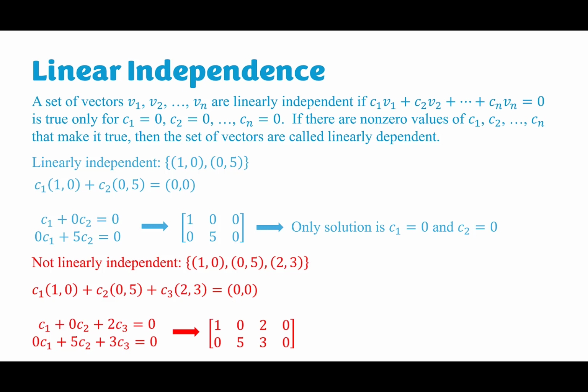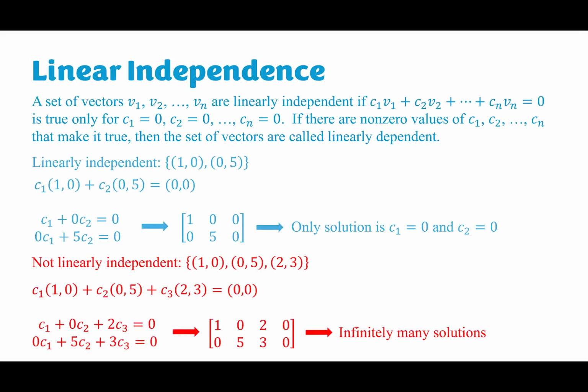We can write C1 in terms of C3, and we can write C2 in terms of C3. So the 0 solution is not the only solution to this equation. There are infinitely many solutions. That means these vectors are linearly dependent.